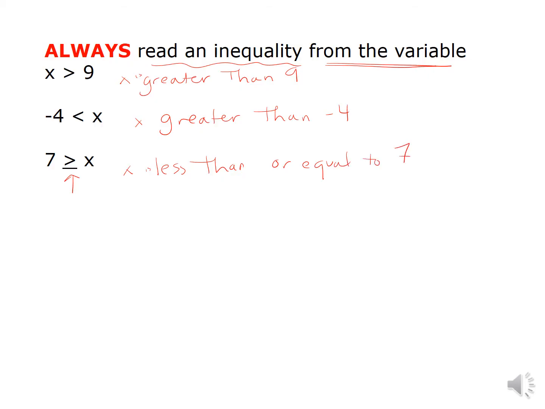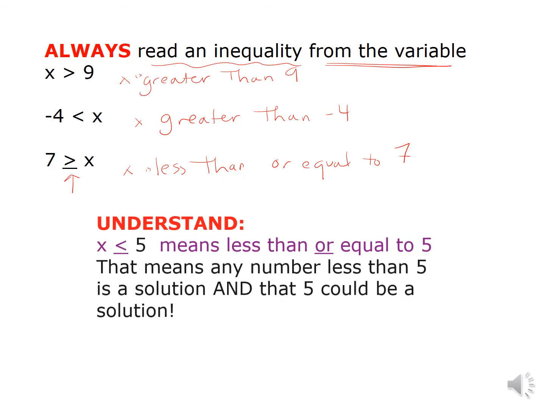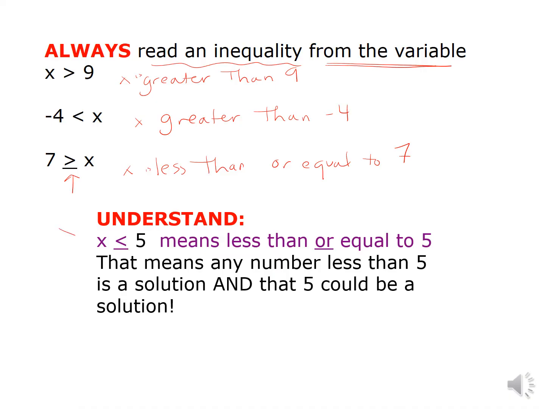7. So for clarification, you need to understand that when it says x is less than or equal to 5, it means that it's either less than or equal to. It can be one or both. So that means that when I'm on my number line and I'm at 5, it could be here or it could be here or it could be both.